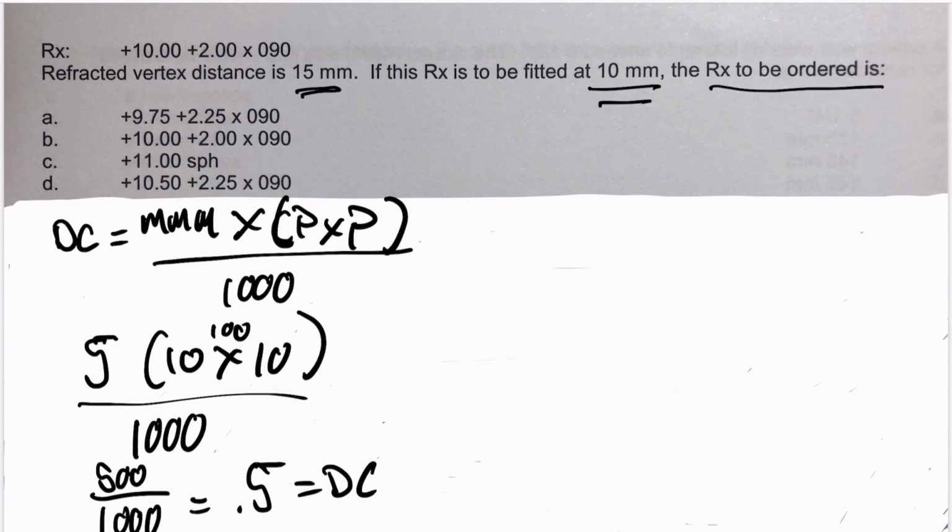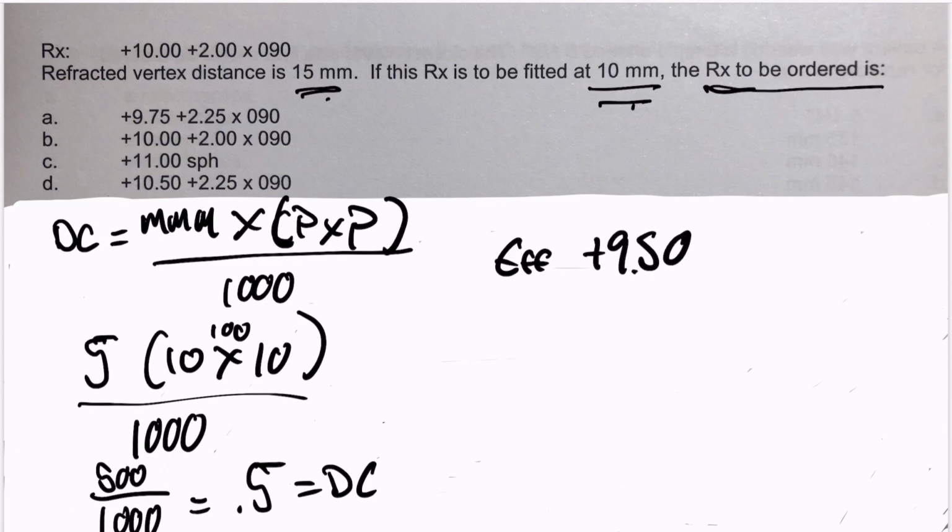Now, what we have to ask ourselves is, how did this plus lens change? It was refracted at 15, but we moved it to 10. And we know that when we move a plus lens in, it's going to make it weaker. So effective power on this one is going to be a +9.50.